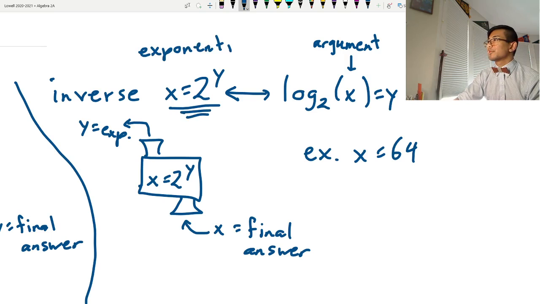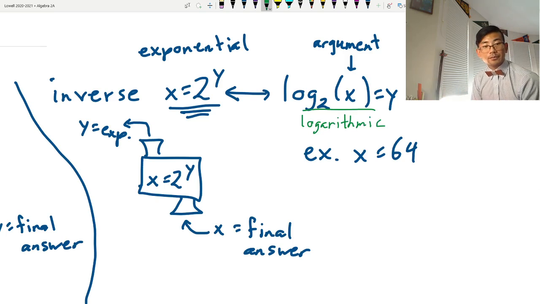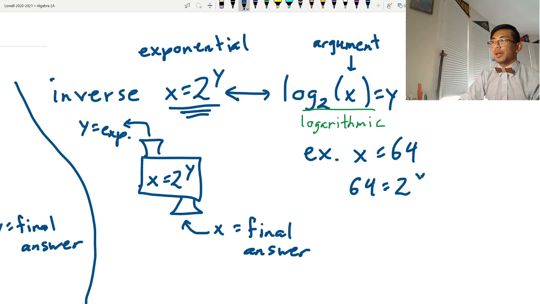And this thing over here on the right side is what we call the logarithmic form. If I plug in x equals 64, the equation would then say that 64 is equal to 2 to the y. And so the output that comes out of our function machine, or out the top if I'm using this drawing, is just the exponent we need to get to 64, starting with 2 again. 2 is our base.